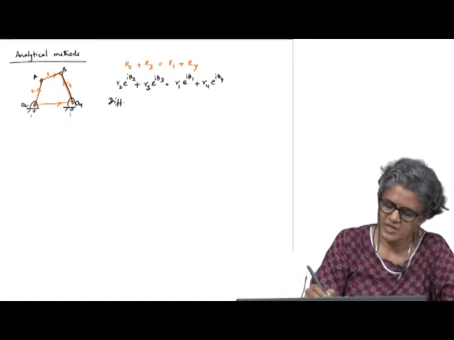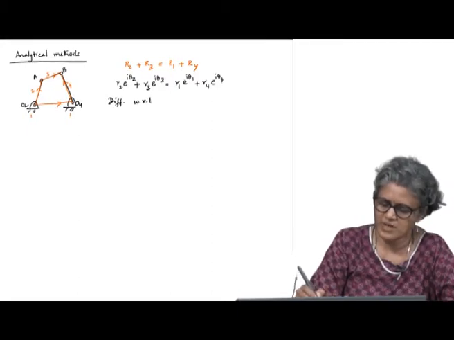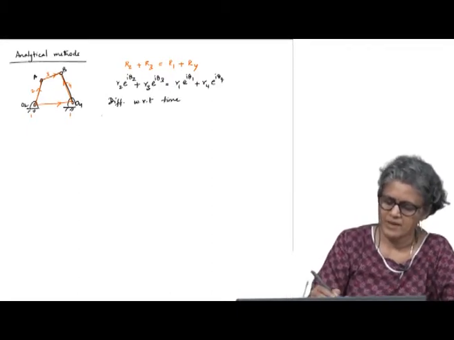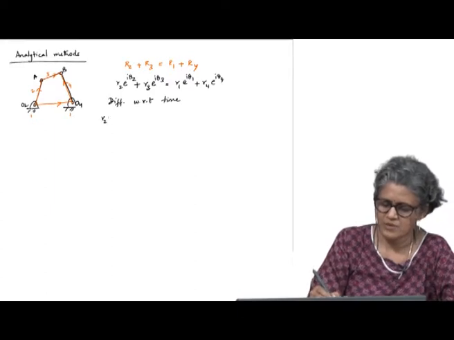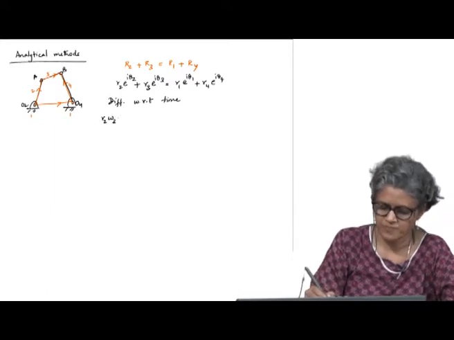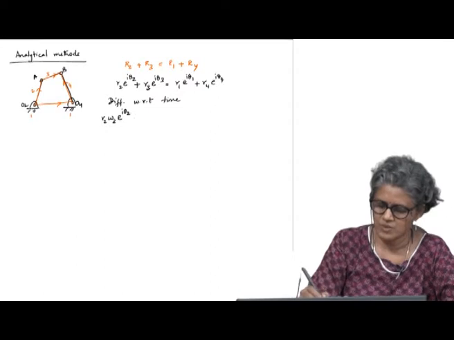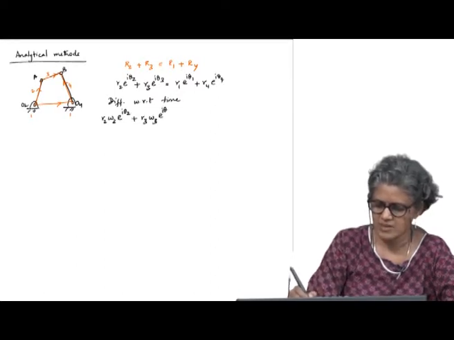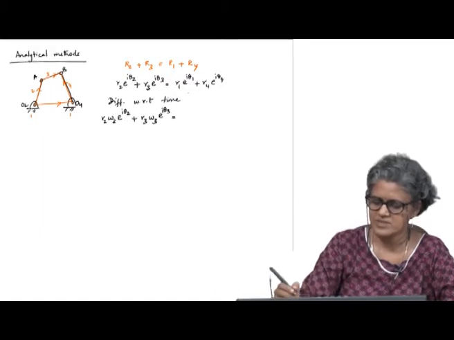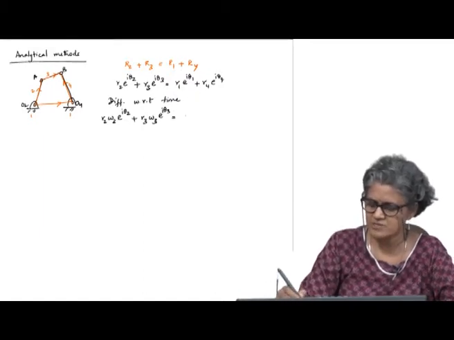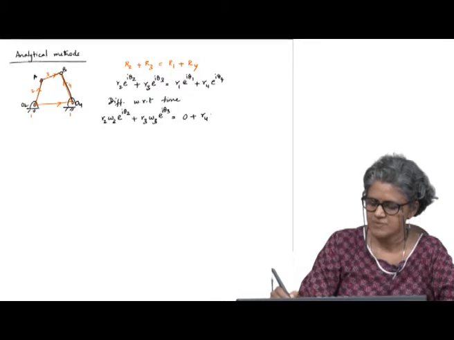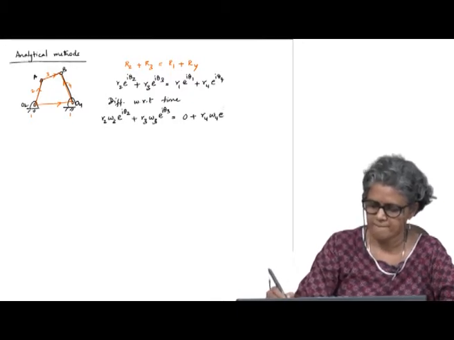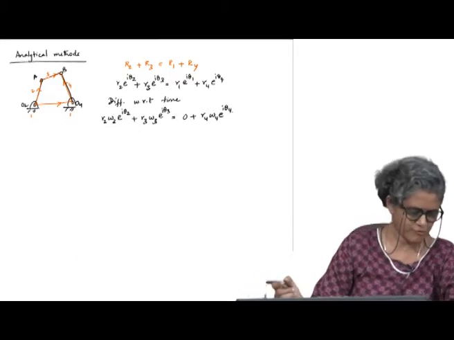You differentiate with respect to time and you get R2 omega 2 e power i theta 2 plus R3 omega 3 e power i theta 3 equals, the fixed link does not change, R4 omega 4 e power i theta 4.